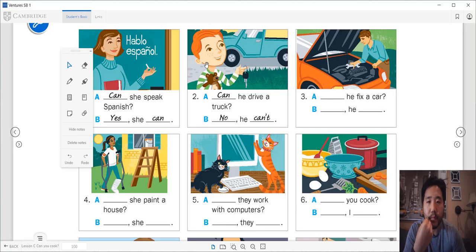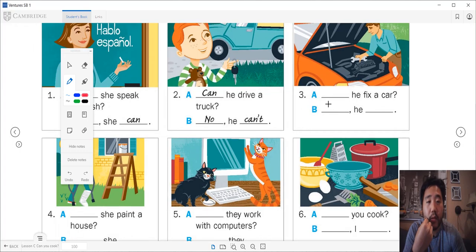So let's see. How do we fill the blank? Let's do this one. Okay, so can.